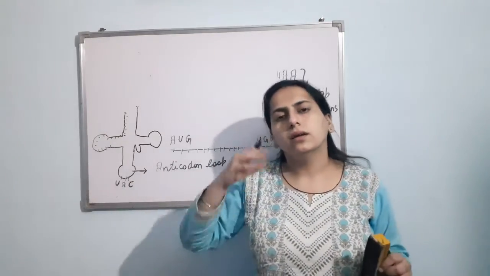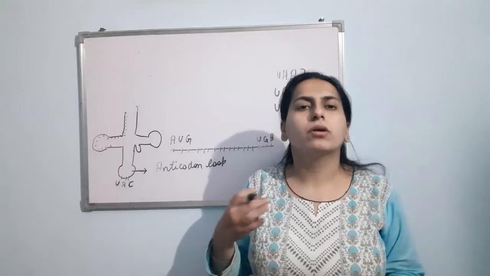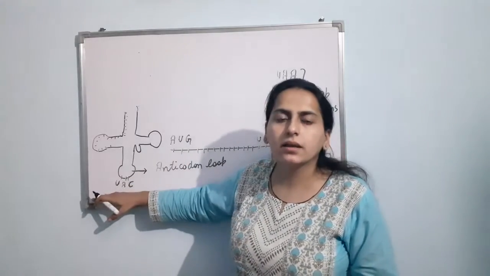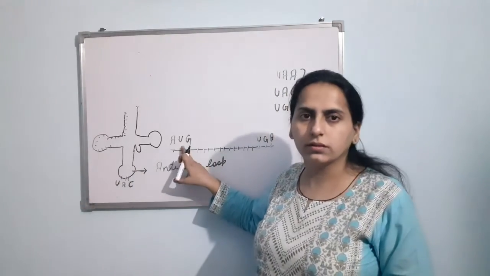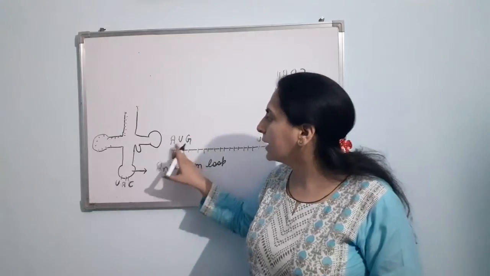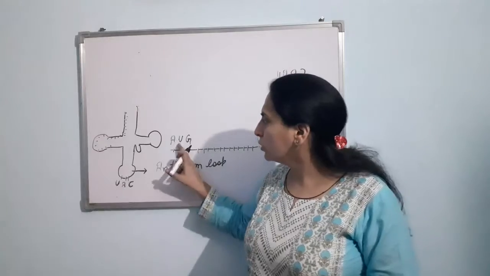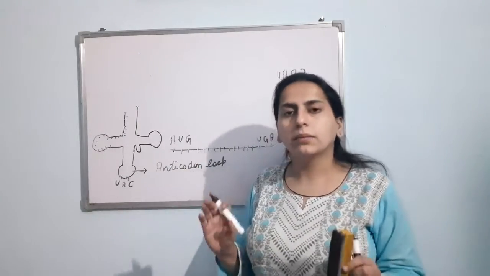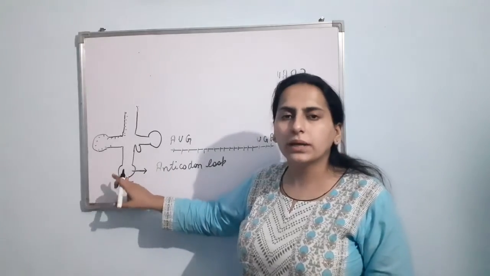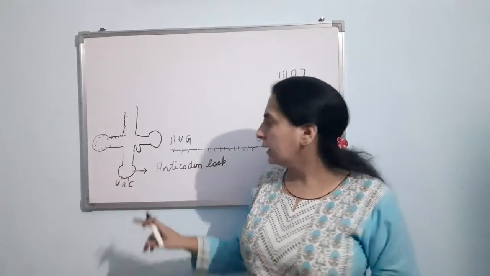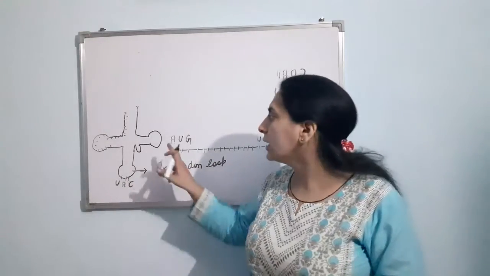In the body, different types of tRNA are present, and they are specific for a codon. This tRNA can only and only read AUG because this is complementary. In the anticodon you can see UAC: A with U, U with A and G with C. Am I clear? This tRNA, in which the anticodon loop has the UAC code, can read only and only AUG.